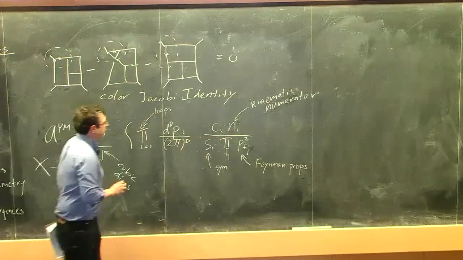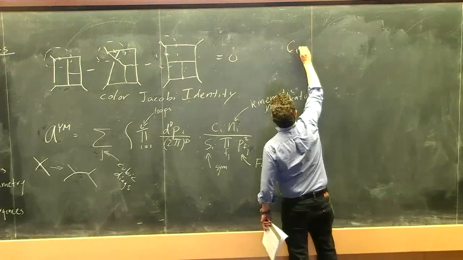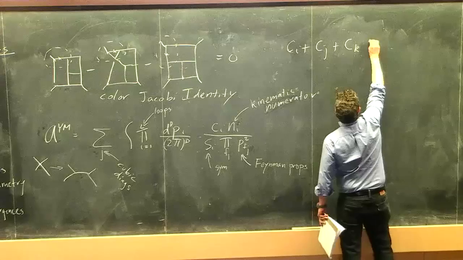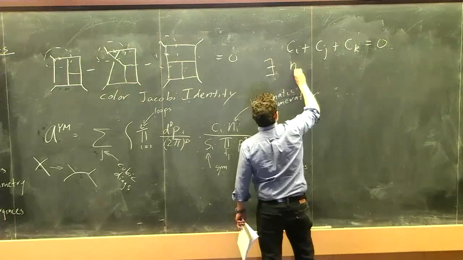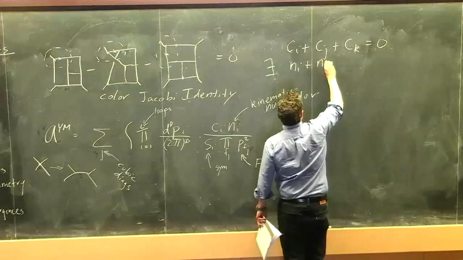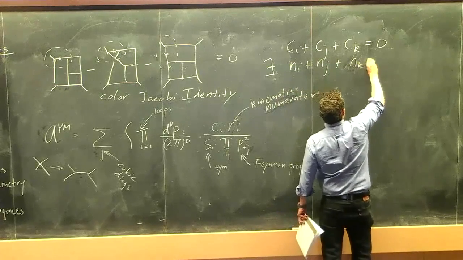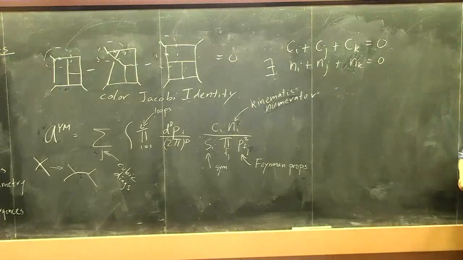There exists a way such that for every color Jacobi identity, Ci plus Cj plus Ck equals 0, there exist some numerators, constrained to give you the correct amplitude, such that the same Jacobi identity is satisfied.